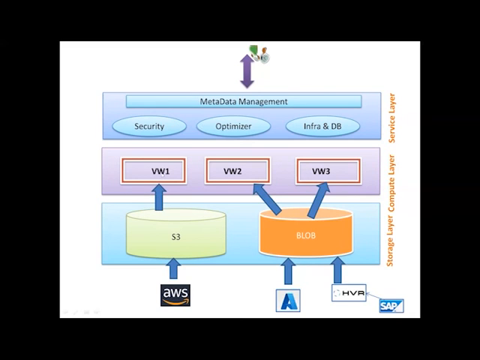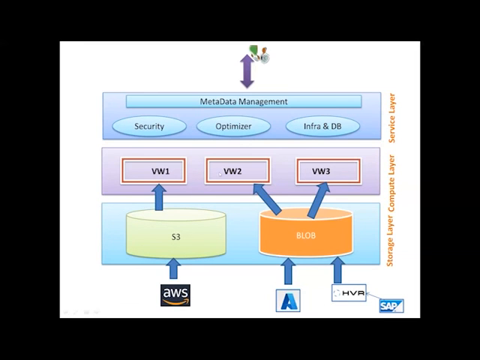And these are the virtual warehouses. Based upon the requirement, we can define the virtual warehouses. One client is not specific to one database, right? I mean to say that one client will have multiple different source systems, maybe AWS, maybe Azure, or maybe SAP.